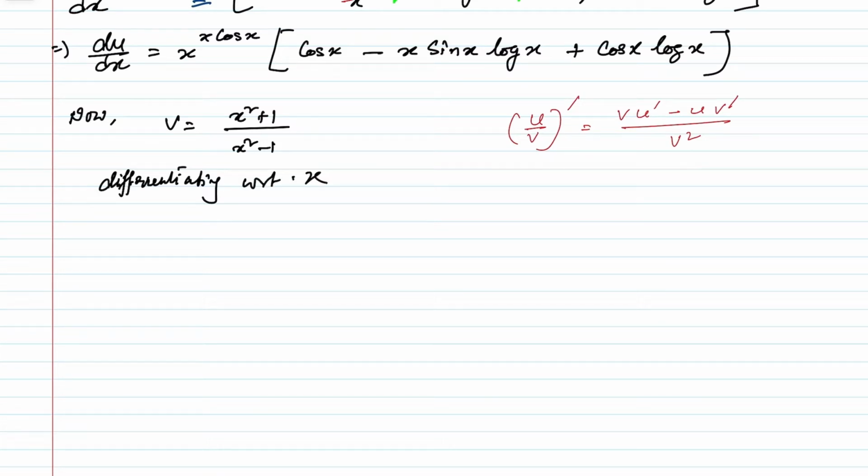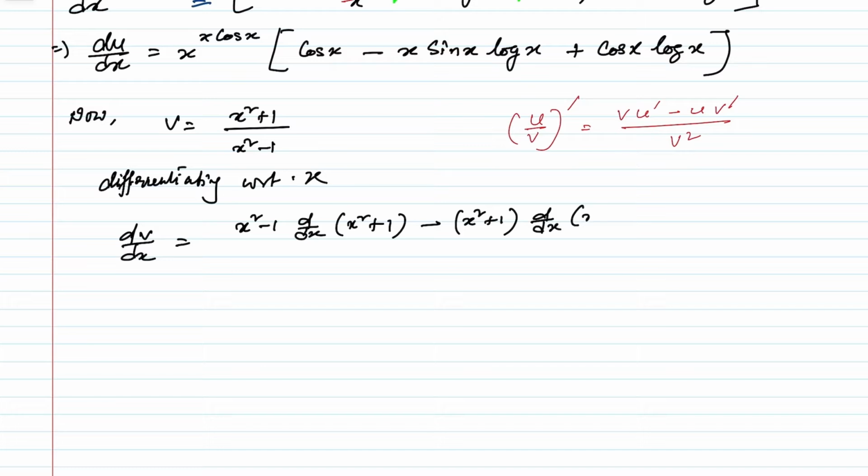So dv by dx is equal to denominator, that is x square minus 1, derivative of the numerator x square plus 1, then minus numerator x square plus 1, derivative of the denominator, that means derivative of x square minus 1, by x square minus 1 whole square, denominator square.